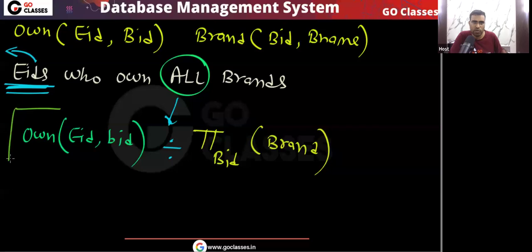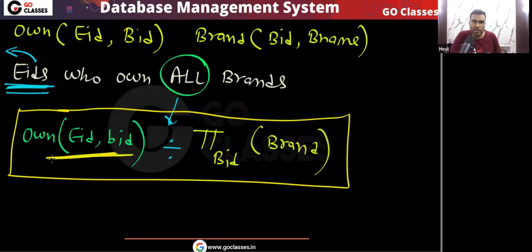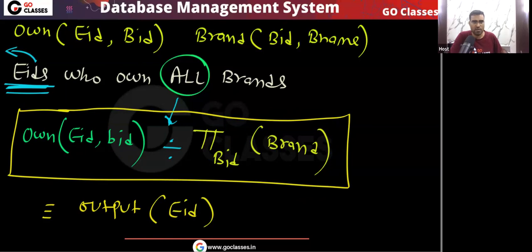What will this query do? Ultimately, what will the output be? EID, BID divided by BID. The output will have only EID. Yes or no? In the output, you will only get EIDs.